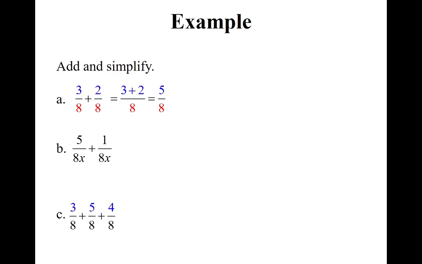Fractions, when we add them, work like eating pizza. 3 slices plus 2 slices is 5 slices. It didn't change that there were 8 slices. The 8 stayed 8. We kept the number on the bottom that was the same, and we added along the top. 3 plus 2 is 5.